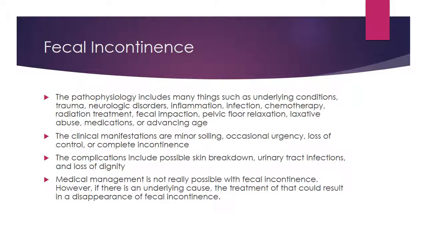The clinical manifestations are minor soiling, occasional urgency, loss of control, or complete incontinence. The complications include possible skin breakdown, urinary tract infections, and a loss of dignity. Medical management is not really possible with fecal incontinence. However, there is an underlying cause, and treating the underlying cause could make the fecal incontinence disappear.